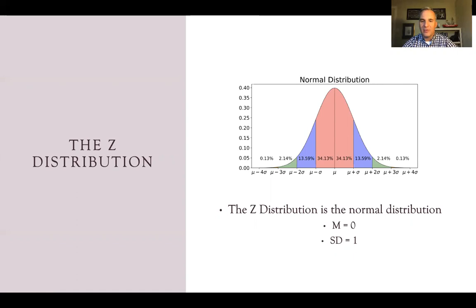A Z score is how many standard deviations away from the mean a particular value is. And then the sign of the Z score tells us whether we're above the mean or below the mean. Positive Z means above the mean, negative Z means below the mean. And then the Z score itself is how many standard deviations we are away from the mean.